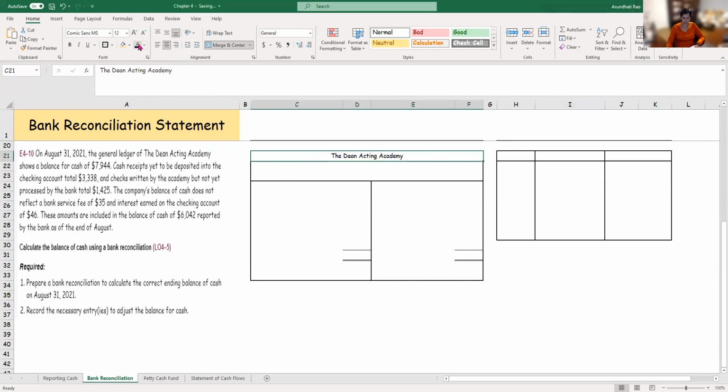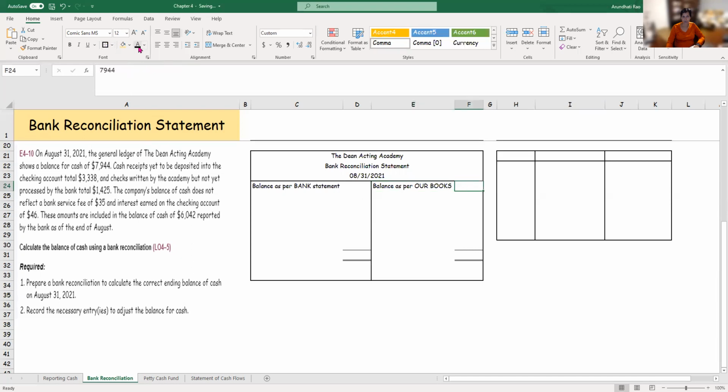Name of the company is the Dean Acting Academy. This is a bank reconciliation statement, and it's being prepared on August 31st, 2021. On this side, I'll have balance as per bank statement, and on the other side, I'll have balance as per our books. So this number they're telling us the balance as per our books is 7,944. So I put that number over there.